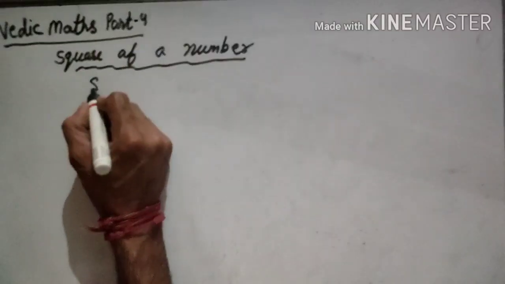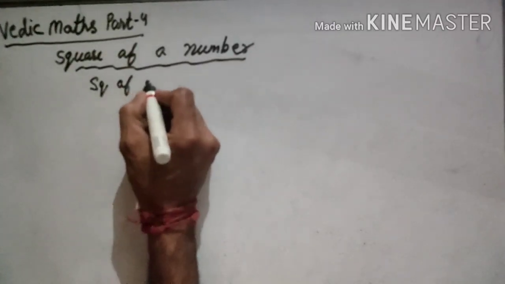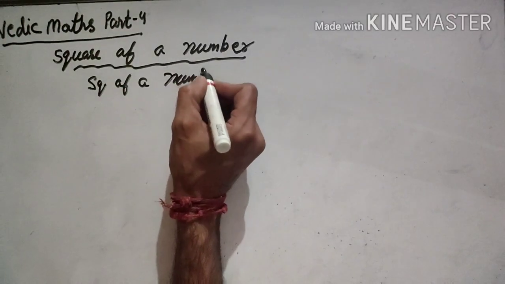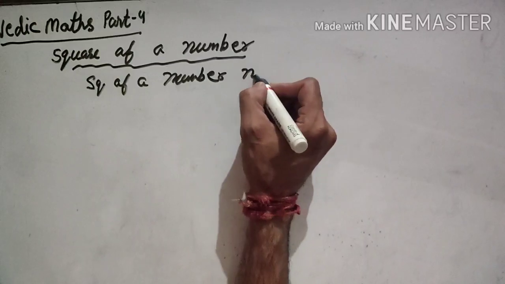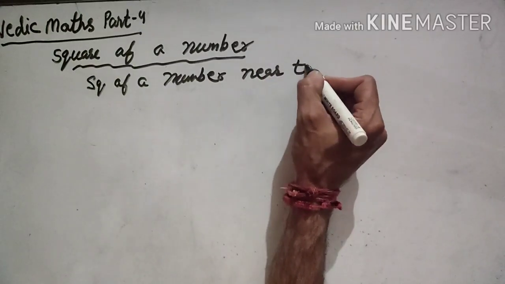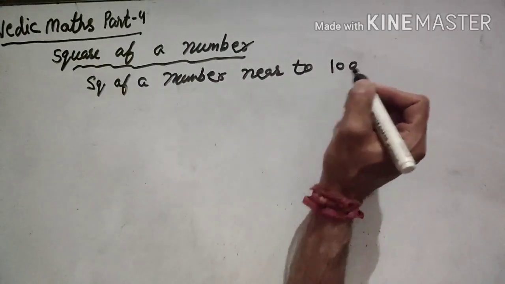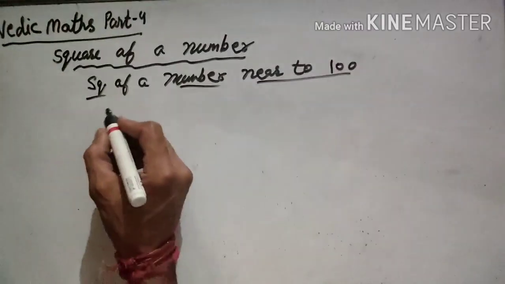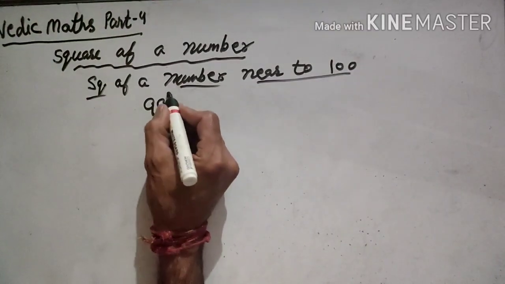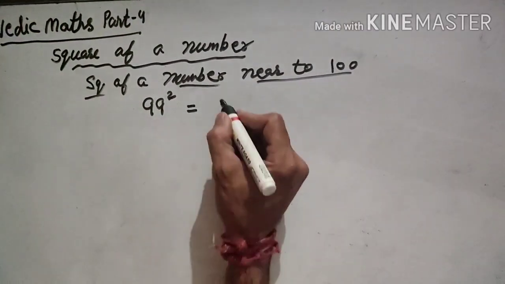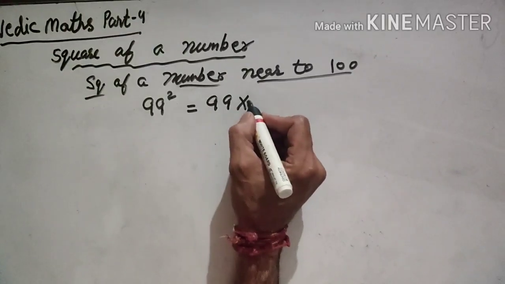First, square of a number near to 100. First, less than 100, that is 99 square. That means 99 into 99.